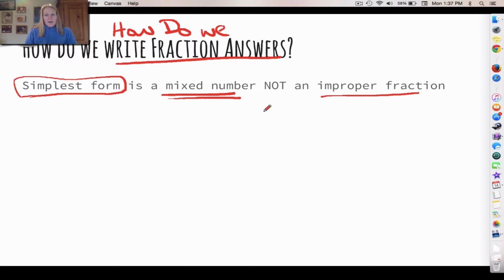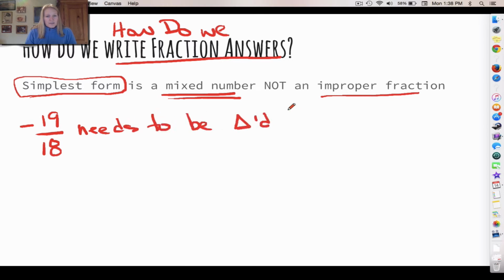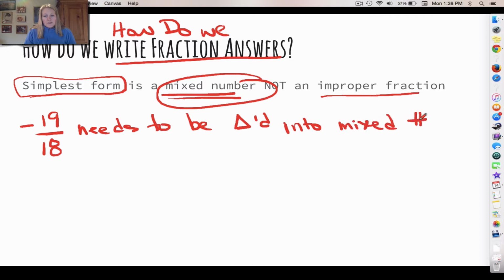So my answer in that last problem was negative 19/18, but that needs to be changed, that delta symbol means changed, into a mixed number. And to do that, you've been practicing that as well in this previous section.